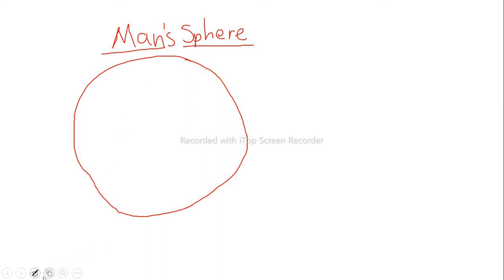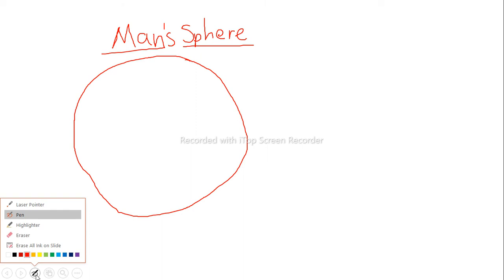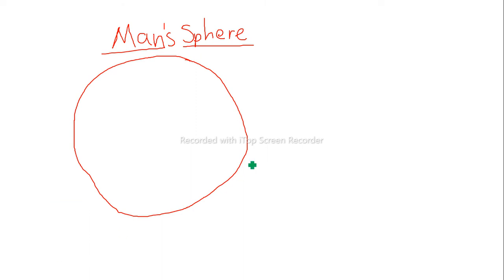So in her essay, she introduces two spheres. She introduces a man sphere, and then what other sphere? Help me out. A woman sphere, right? So she has two spheres, a man sphere and a woman sphere.